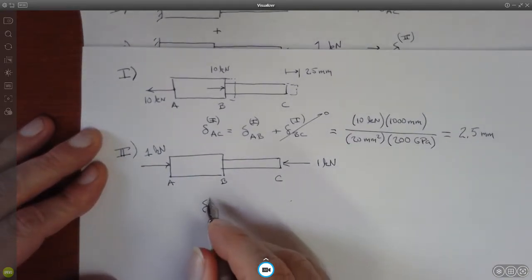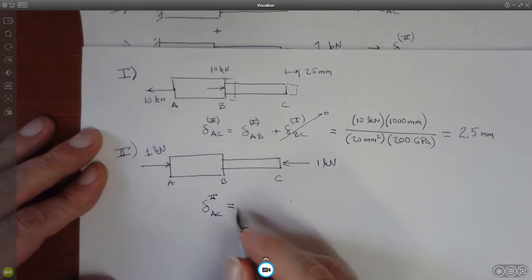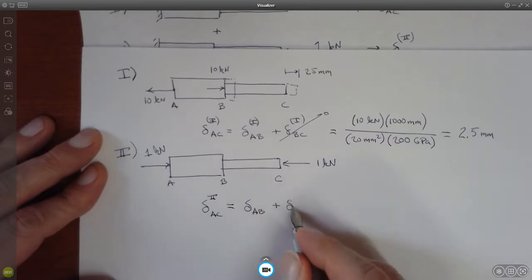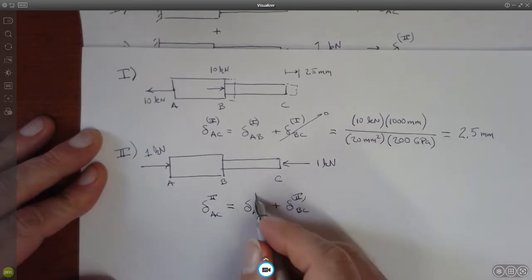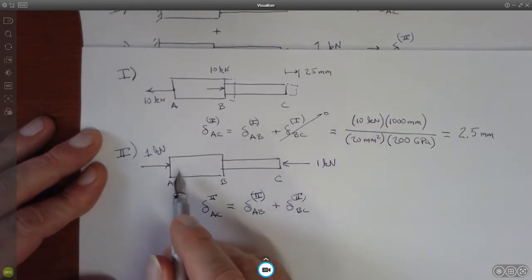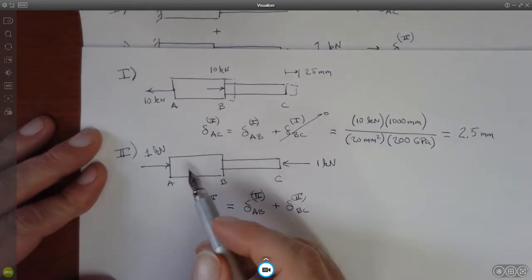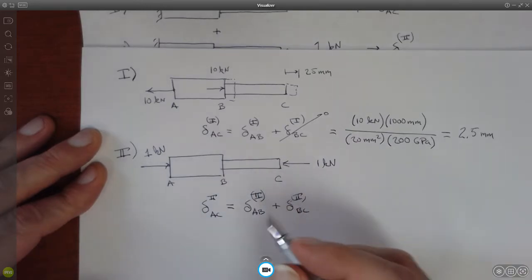So the elongation here for the second case is going to be the elongation from A to B plus the elongation from B to C. And now in this case, both sections have a compressive force of 1 kilonewton, right? If we cut it here, we have a compressive force of 1 kilonewton, and if we cut it here, we also have a compressive force of 1 kilonewton, okay? But different lengths and cross-sectional areas.